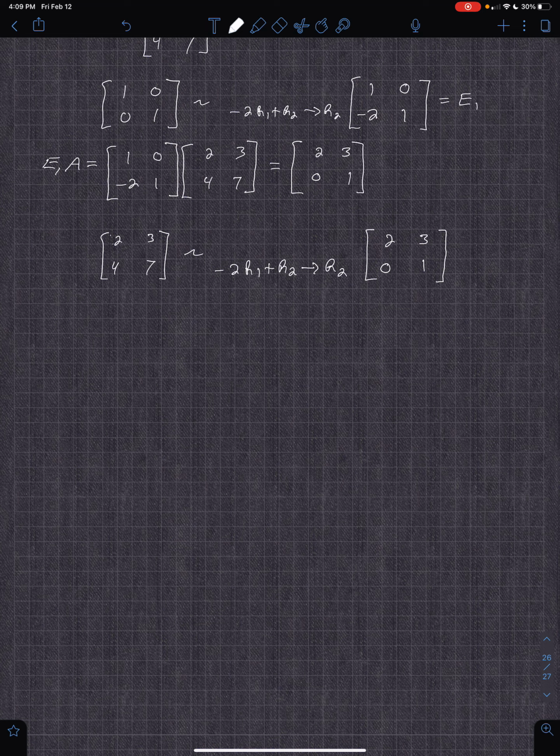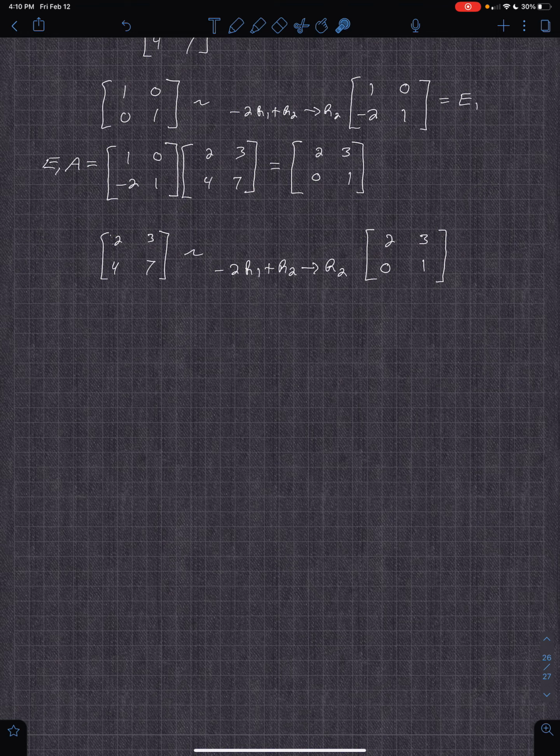So the product of that is the same as this operation. This is kind of an operation we do in our minds, and we just do it. This is an actual product. So the whole point really to this is saying that those elementary row operations can be done just by matrix multiplication.